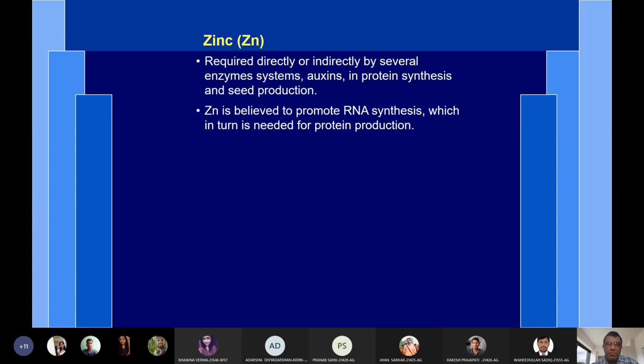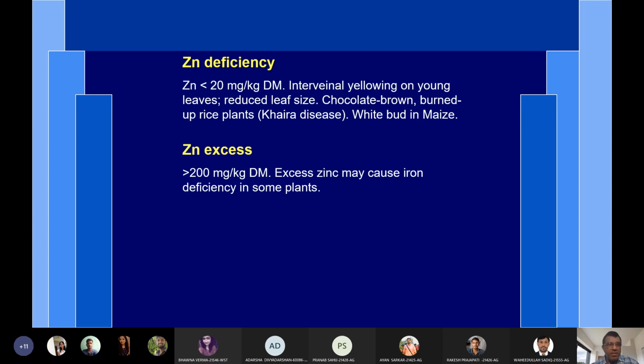So it has multiple roles in plant growth, and it is believed to promote RNA synthesis, which in turn is needed for protein production. Now, zinc deficiency is experienced when zinc levels are generally less than 20 milligram per kg dry matter. This is the critical limit for zinc deficiency.